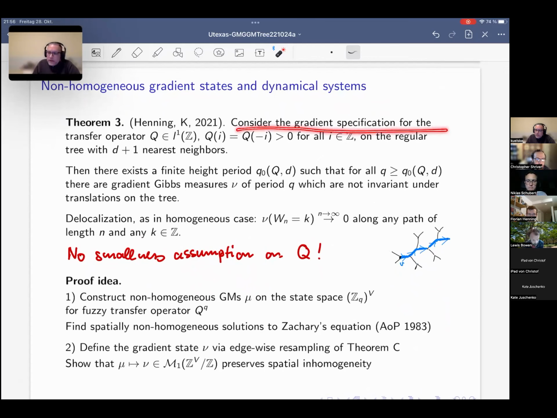So consider a gradient specification, and suppose again that the Q is an L1, with symmetry, on a regular tree with D+1 nearest neighbors. Then there's this interesting theorem, namely, no smallness assumption on the Q like we had before. There always exists a finite height period Q, which could be very big and could depend on the particular interaction and on the degree, such that for even higher periods than this one, there are always gradient Gibbs measures of period Q.